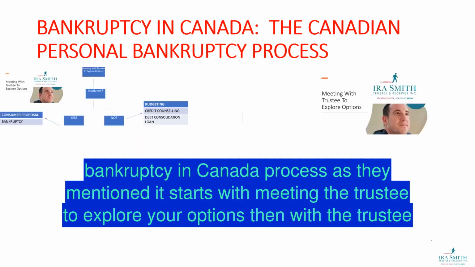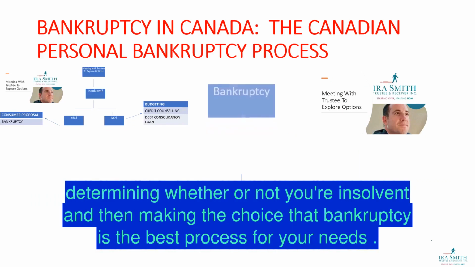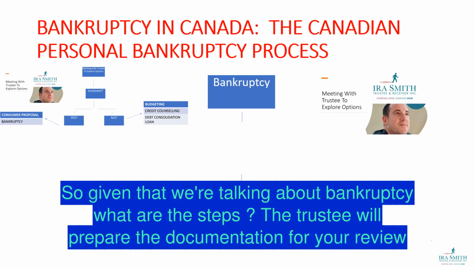So, the personal bankruptcy in Canada process. As I mentioned, it starts with meeting the trustee to explore your options, then, with the trustee, determining whether or not you're insolvent, and then making the choice that bankruptcy is the best process for your needs. So given that we're talking about bankruptcy, what are the steps?